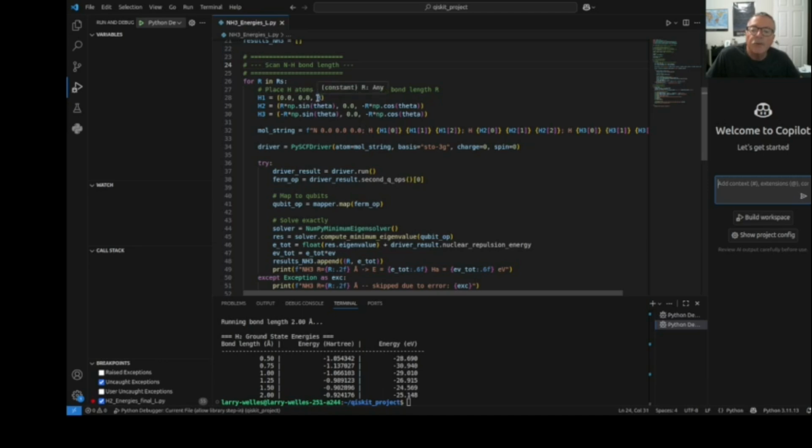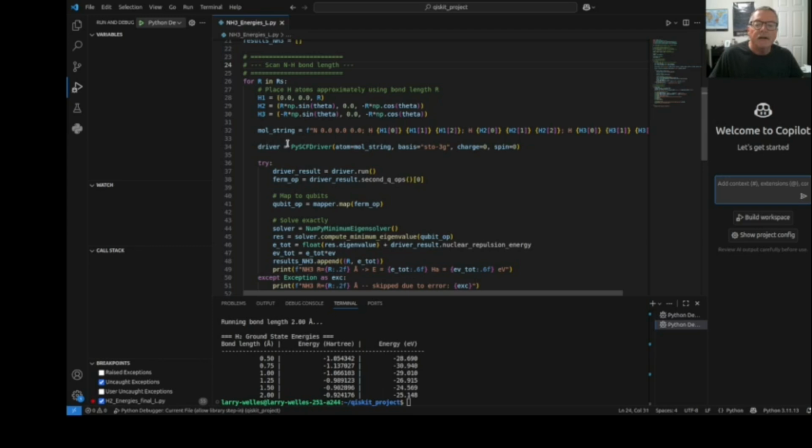That's going to be important in the next 2 hydrogens. The hydrogen here is a sine of theta and cosine of theta, and this one down here is also sine theta and cosine theta for the X and the Z coordinates.